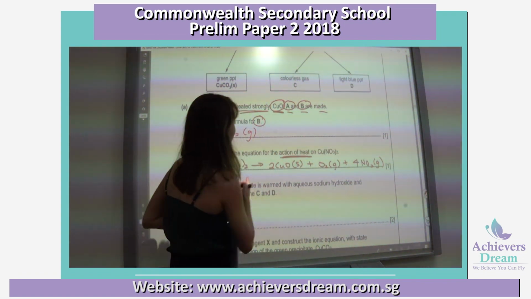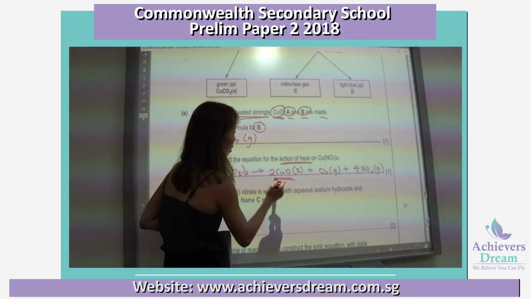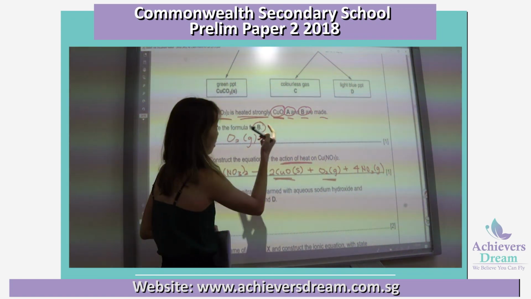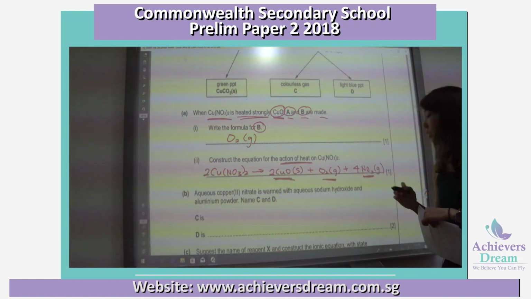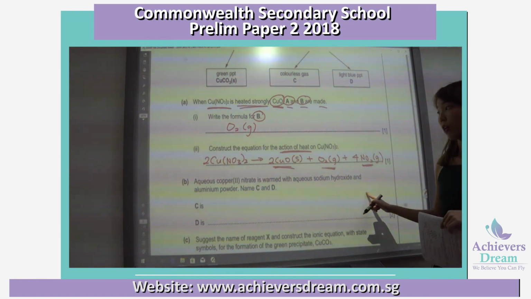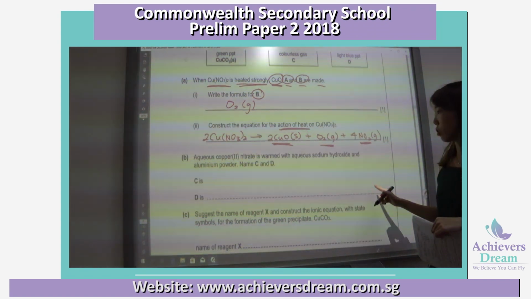I know that copper(II) nitrate upon heating will form copper oxide and oxygen. So what is A? If I balance out the equation, A will be nitrogen dioxide. Then I just balance out the equation.